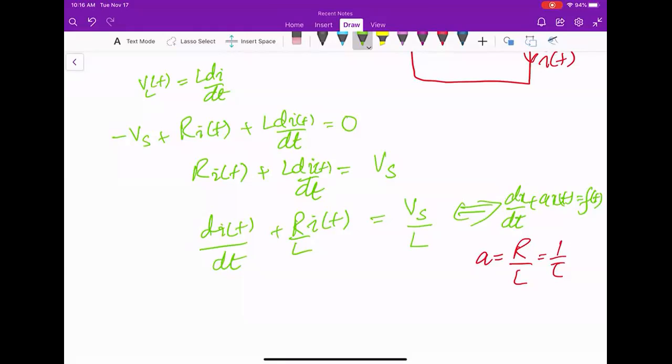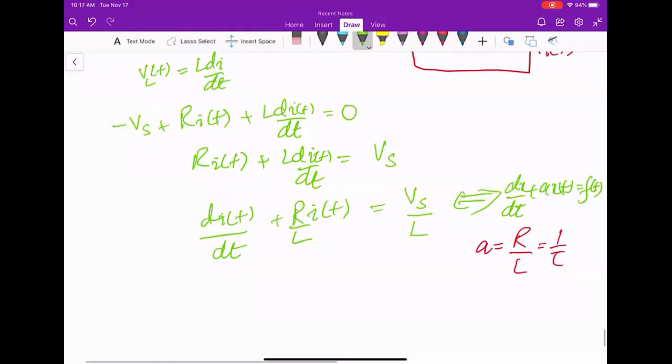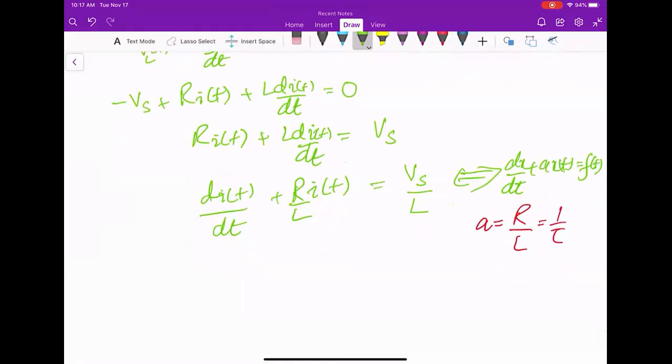Okay, now if I replace this thing here, the equation was dx by dt plus x by tau equals something.